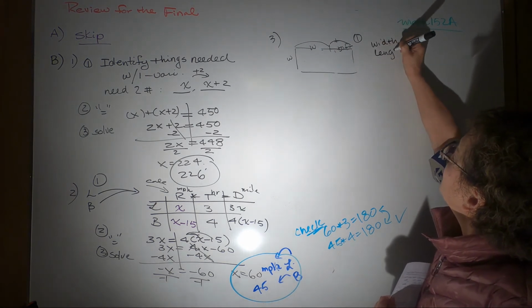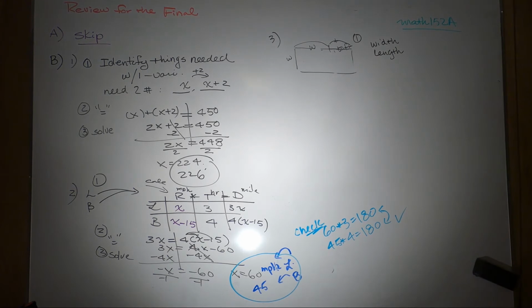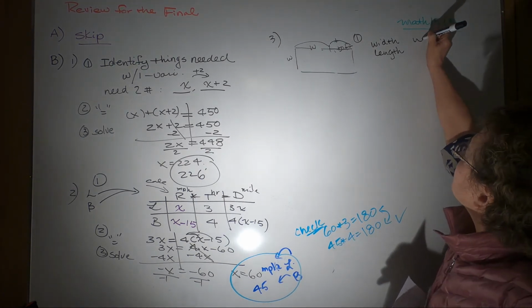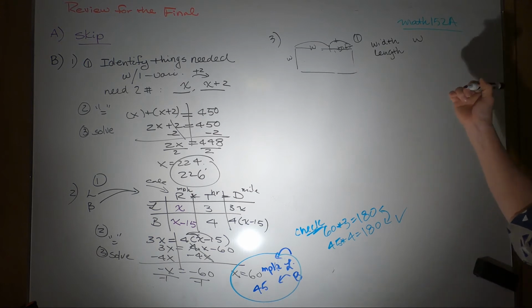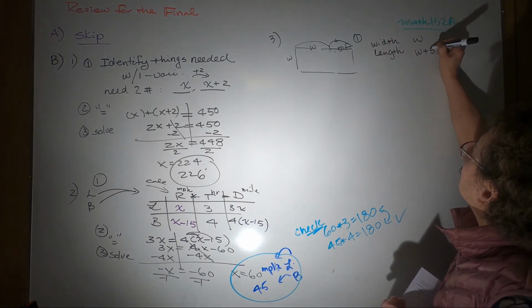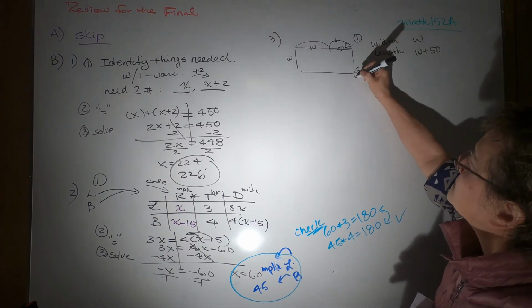Two things we needed, but only with one variable, right? So if width is W, then what's your length? 50 feet more would be W plus 50. Is that right?